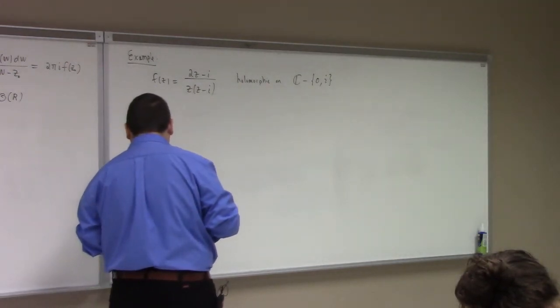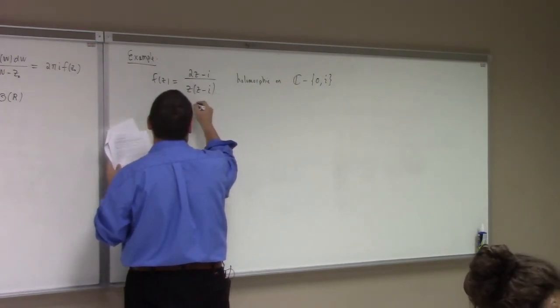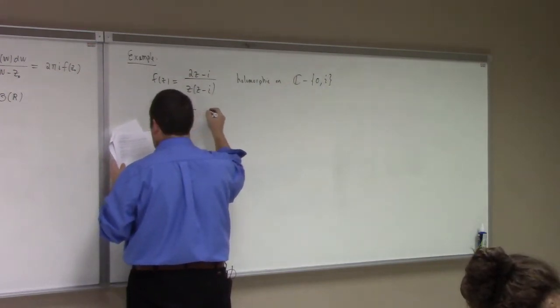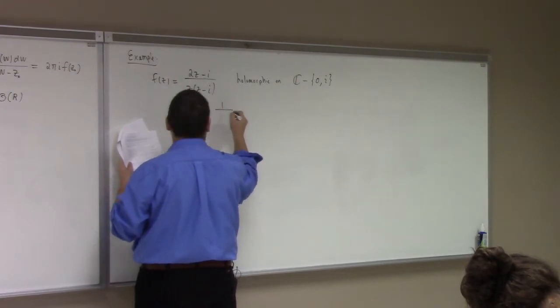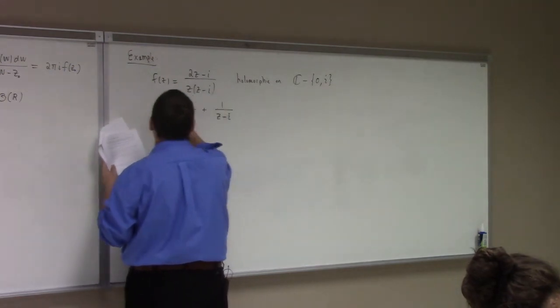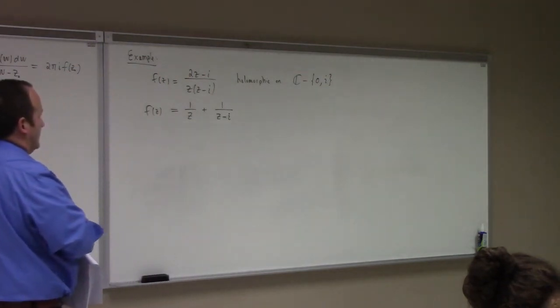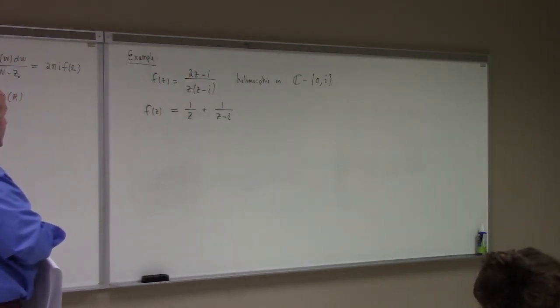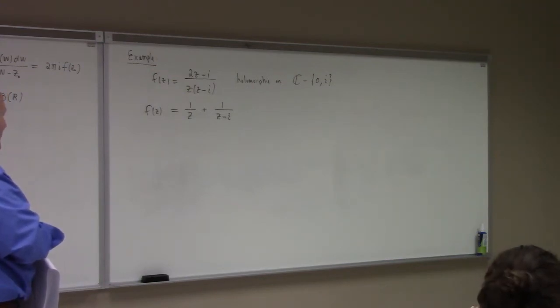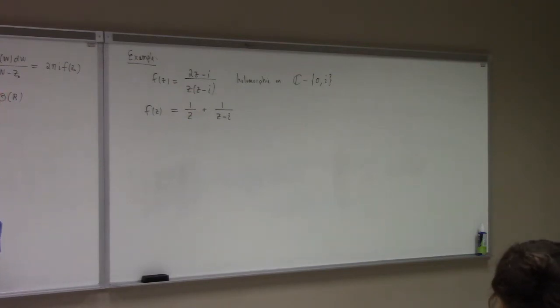You can calculate that f of z is actually equal to 1 over z plus 1 over z minus i. If you don't believe me, we can make a common denominator and see if we get back the same thing. I get z minus i plus z. Okay, yeah, it works.